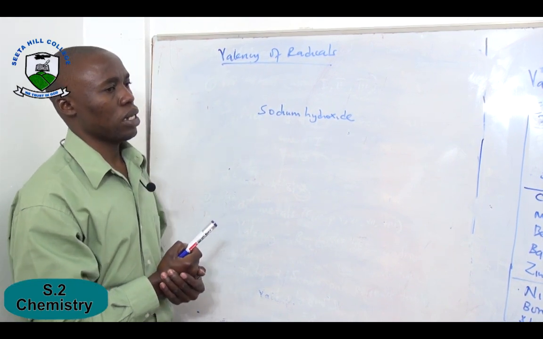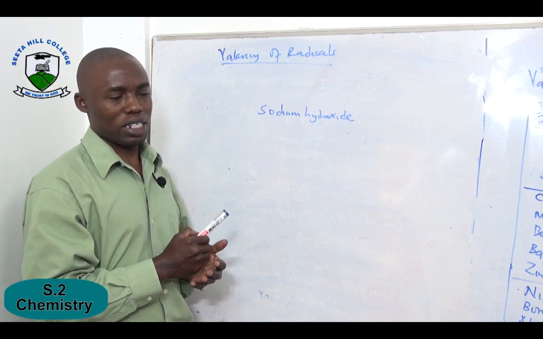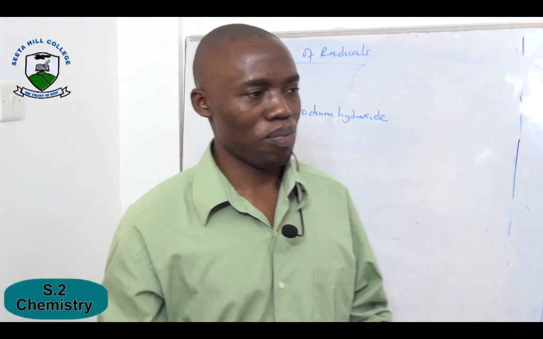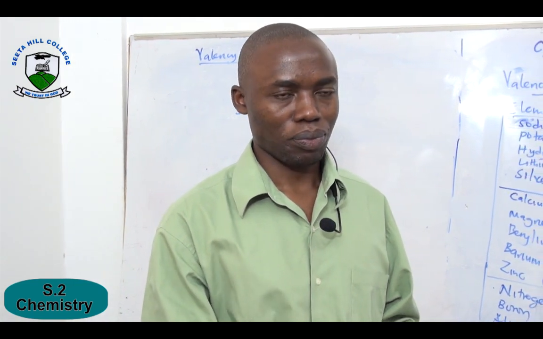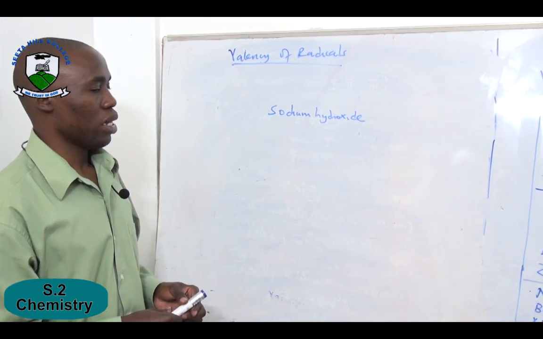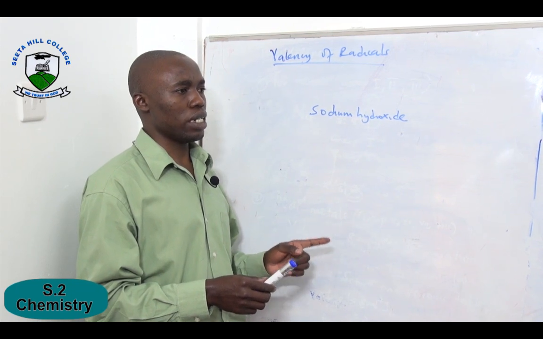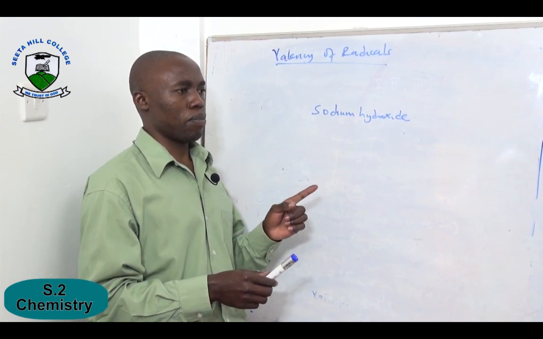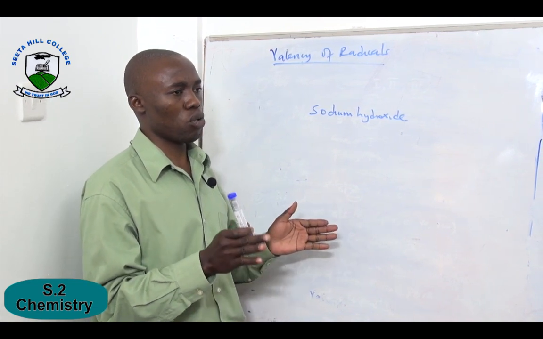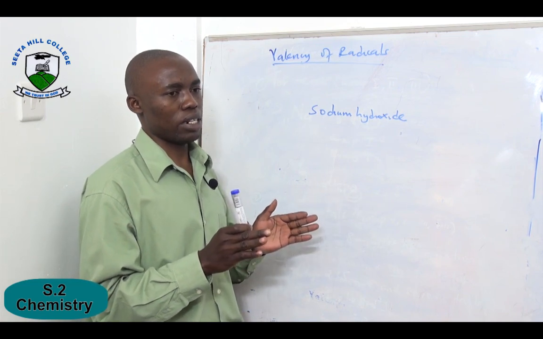So, now, listen. A compound is made. It contains more than one element, not so, because a compound is formed when 2 or more elements combine chemically, not so.